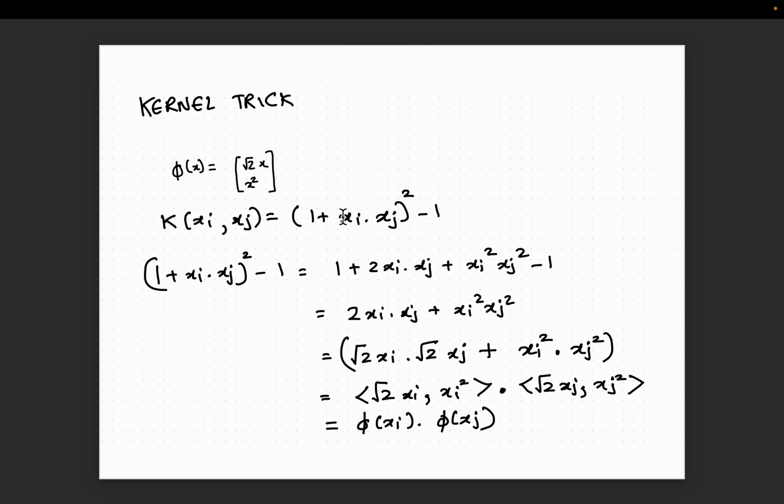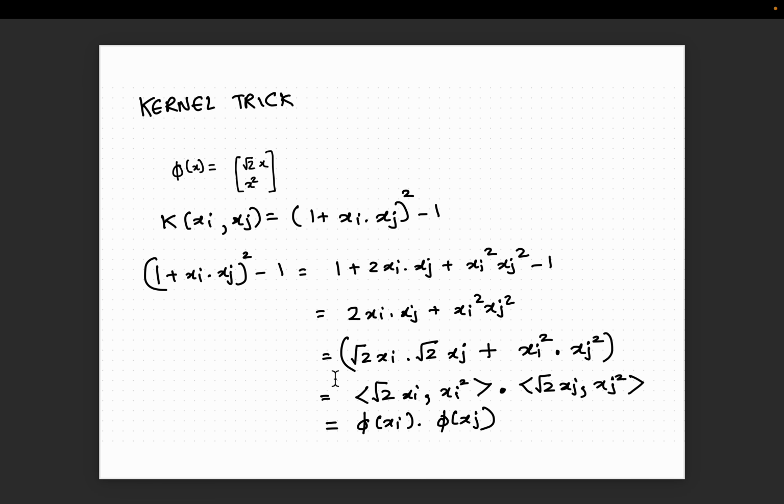You can expand this out to be 1 plus 2xi dot xj plus xi squared xj squared minus 1. The 1 plus 1 minus 1 gets cancelled out. Finally, you can write this as 2xi dot xj plus xi squared xj squared, which now you're trying to write as the dot product of two vectors.